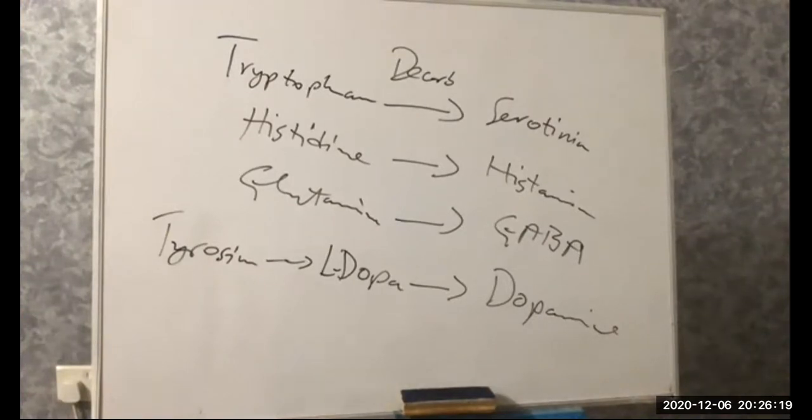It first undergoes hydroxylation to form L-dopa, and from L-dopa to dopamine, that is where the decarboxylation occurs. Glutamic acid undergoes decarboxylation to form GABA. Histidine undergoes decarboxylation to form histamine. Okay, so you need to know these ones. Tryptophan undergoes decarboxylation to form serotonin. All right, so let's move on to the next question.